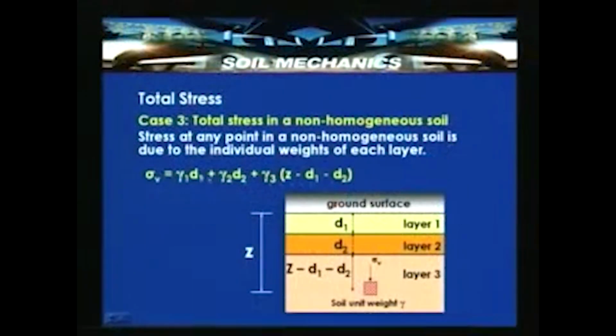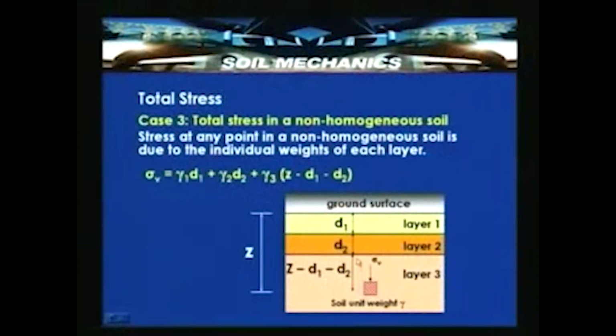A stress at any point in a non-homogeneous soil is due to the individual weights of each layer. That is, individual weights of each layer over a cross sectional area 1 meter by 1 meter which we require to determine. So, sigma V is equal to gamma 1 D1 plus gamma 2 D2 plus gamma 3 into Z minus D1 minus D2. That means Z is the total depth from the ground surface.